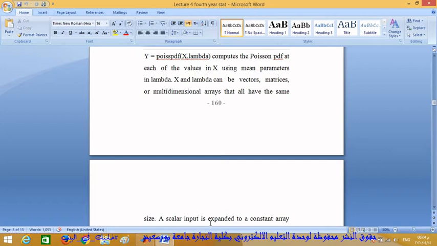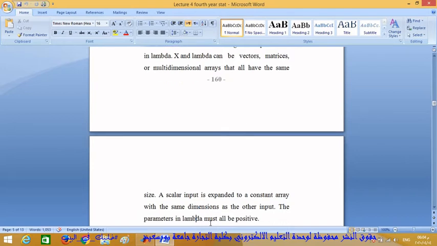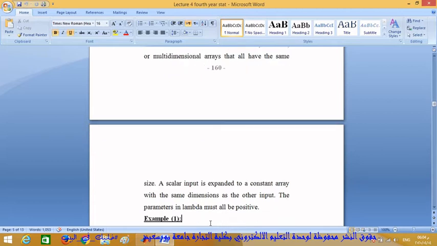A scalar input is expanded to a constant array with the same dimension as the other input. The parameters in lambda must be positive. So if we have a lot of distributions, all lambda must be positive.